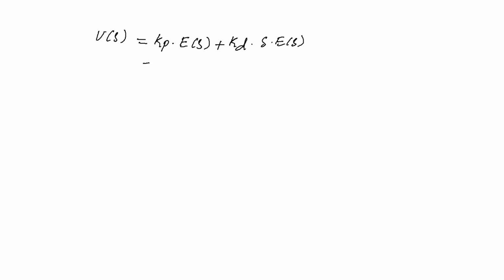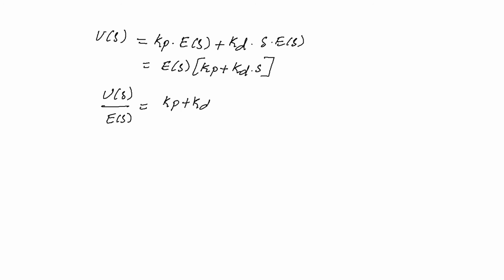Now E of s is common to both terms, so take E of s outside. Therefore it becomes E of s dot (Kp plus Kd dot s). Now the transfer function, the gain, can be written as U of s divided by E of s, taking E of s to the left-hand side, which is Kp plus Kd dot s.